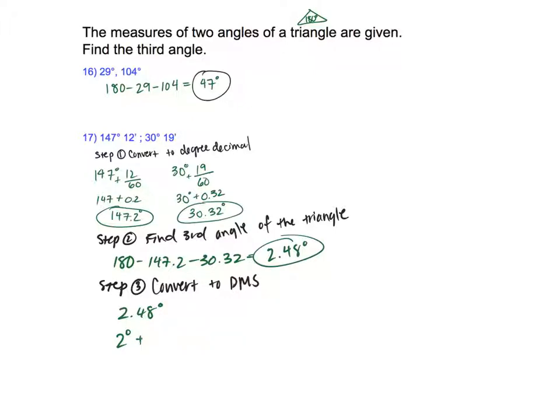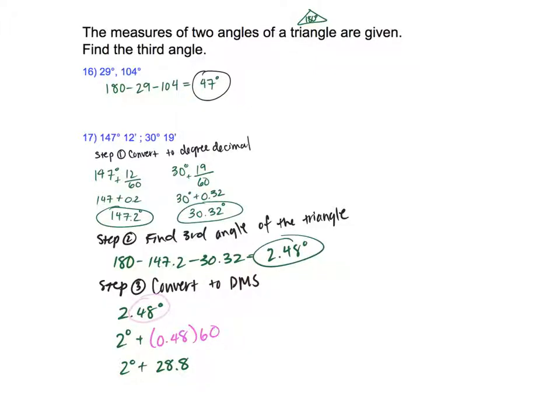Then we take the leftover decimal and multiply that by 60. If you multiply that by 60, you get 28.8.